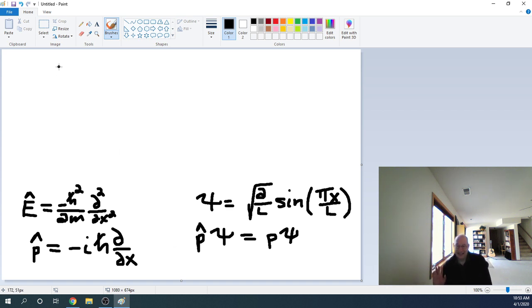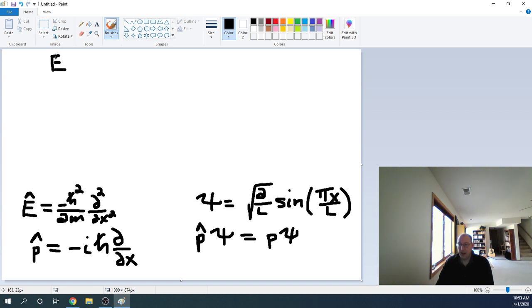Now, let's test the statement I made earlier, that this wave function would be an eigenfunction of the energy operator.